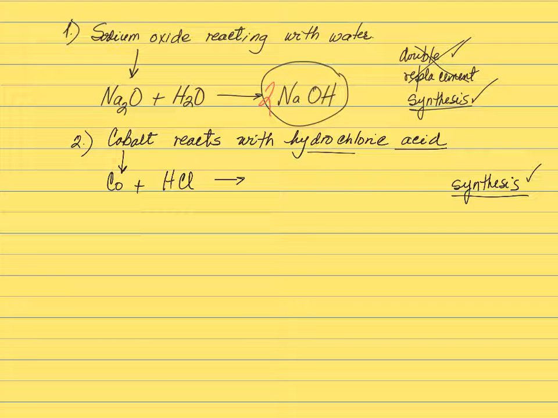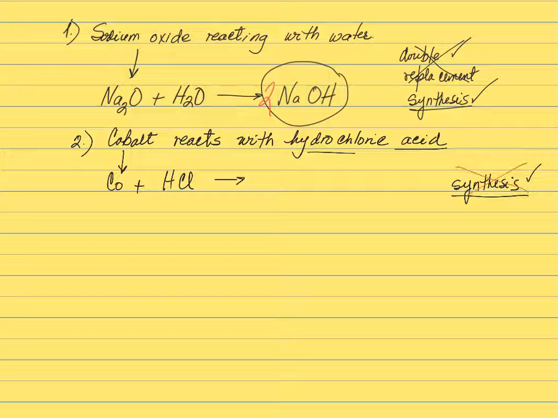You have a metallic oxide reacting with water to produce a hydroxide. You have a metallic oxide with carbon dioxide to produce a carbonate. You have a metal plus a non-metal to form an ionic compound. And then you have 2 non-metals producing a covalent compound. When you look at your reactants, do you have any of those 4 situations?